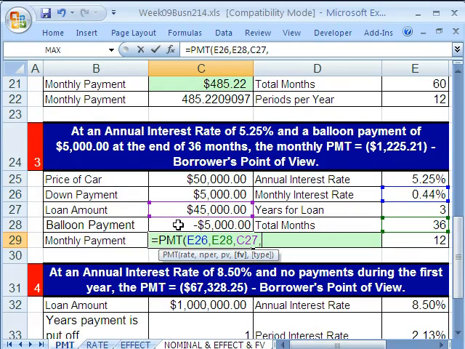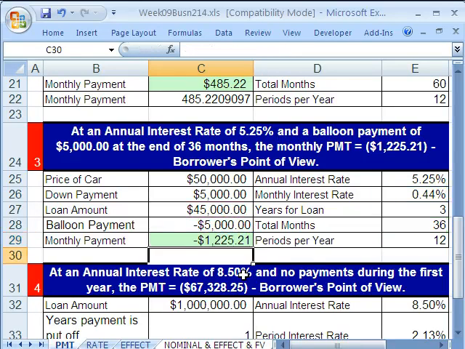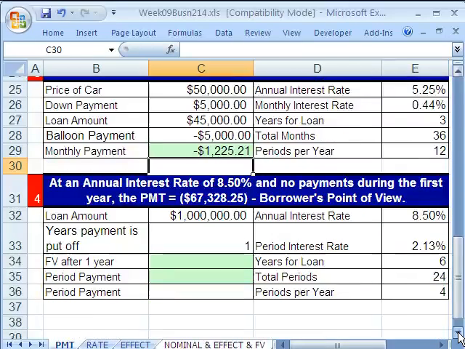That's got to be negative because we're paying it out at the end. So I have recorded it as negative there, comma, and then we don't need type because this is end. We're assuming this is end. Close parentheses and enter. So we're going to be paying $1,225 each period, and then $5,000 at the very end also as a balloon payment.